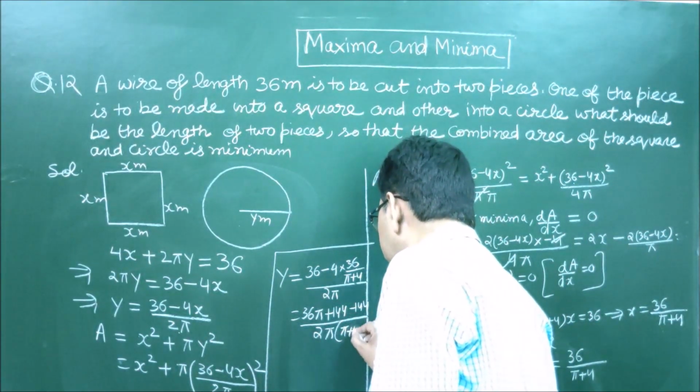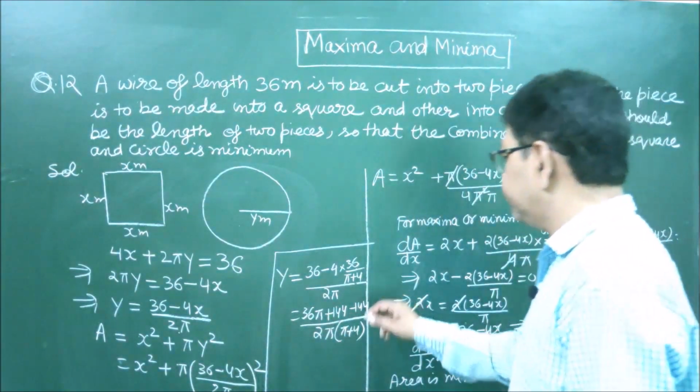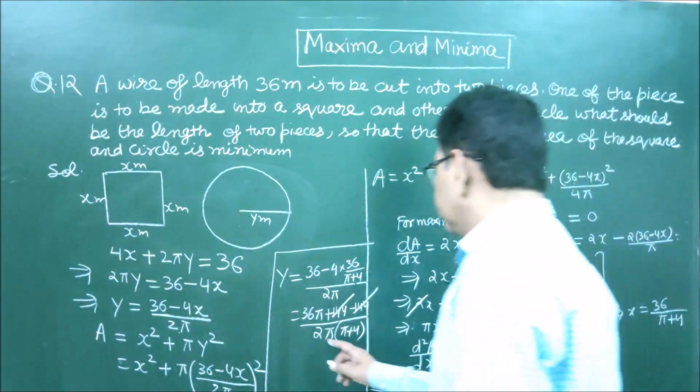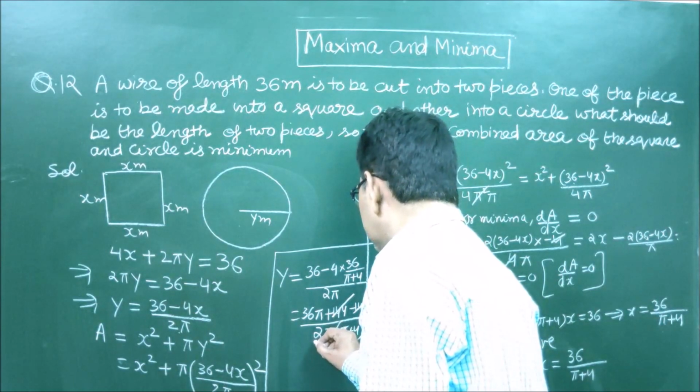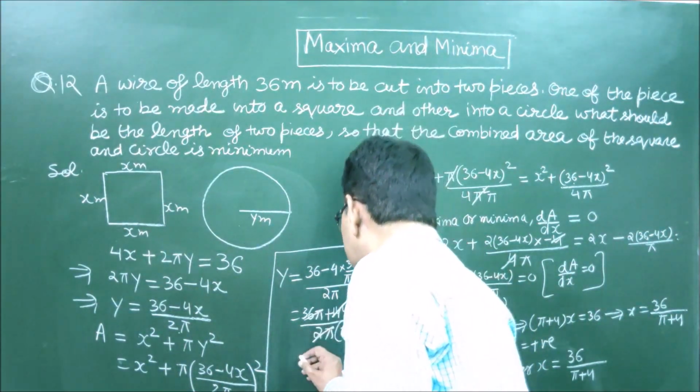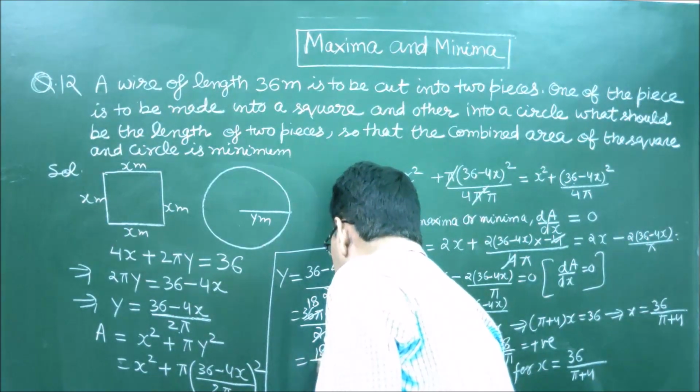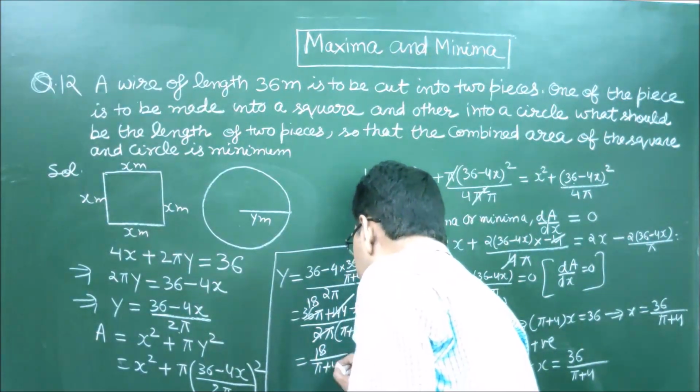So this 144 and 144 get cancelled. 36 pi upon 2 pi, 18 times cancelled. So we get 18 upon pi plus 4.